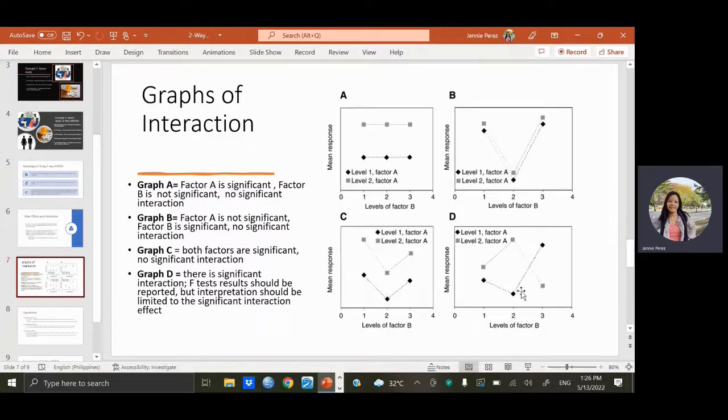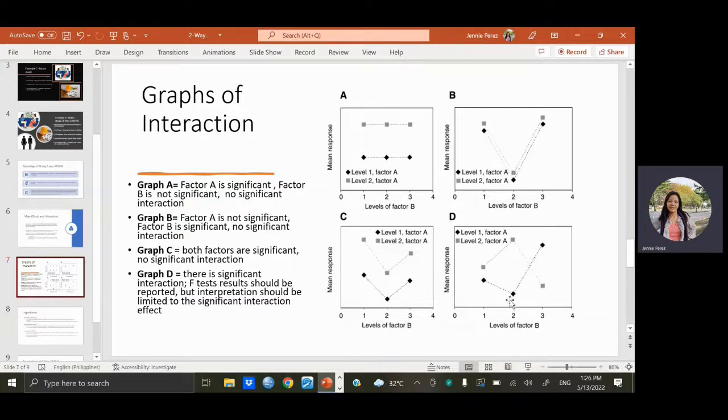And if this is the case, that there is a significant interaction, we cannot proceed with discussing main effects. Okay? We should avoid interpreting or discussing main effects when significant disordinal interactions are present. For example, in the present case, the results for the F test of the main effects should be reported if there is a significant main effect, but interpretation should be limited to the significant interaction effect.